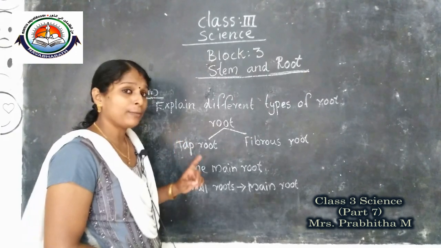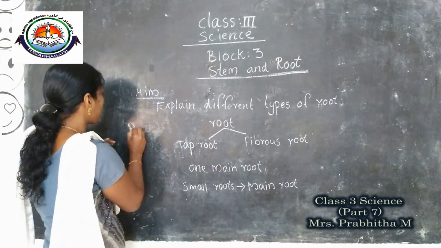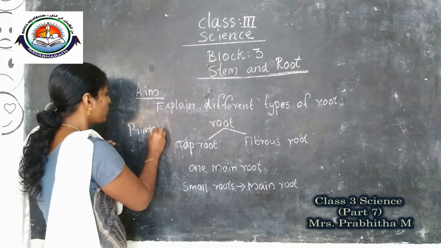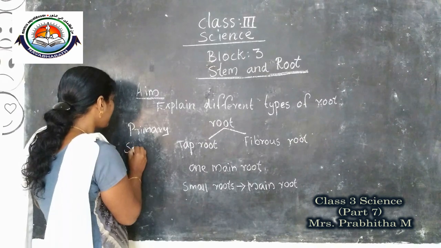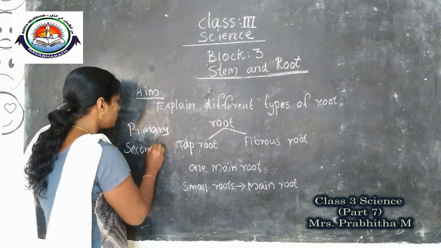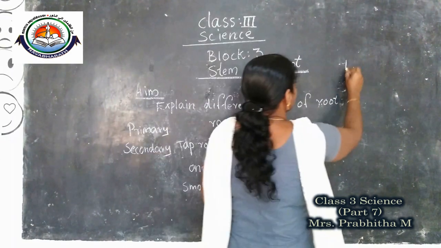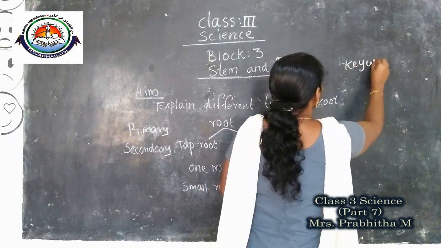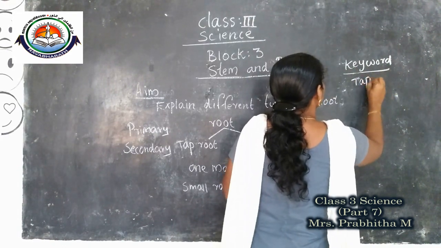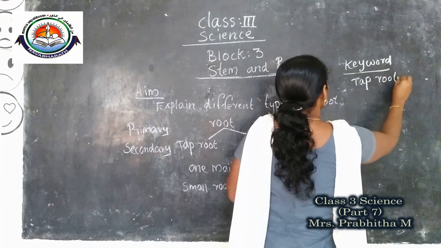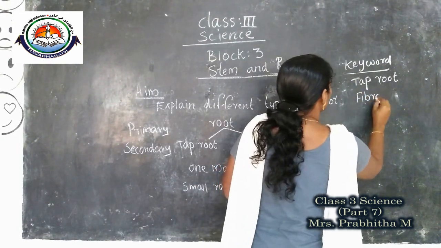So the main root is called primary root and small roots are called secondary roots. So today we studied two keywords. Which are the two keywords? First one is tap root and second one is fibrous root.